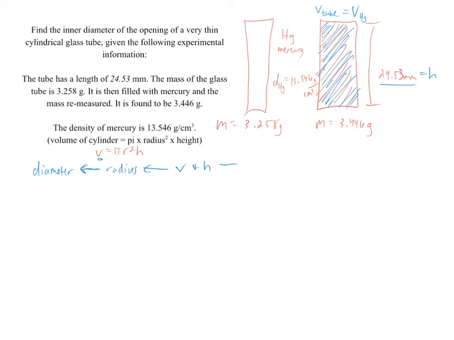So we can use information that we know about the mercury. We know the density of the mercury, and through some subtraction, in comparing these two, we can figure out the mass. So we can use the density and mass to figure out the volume.